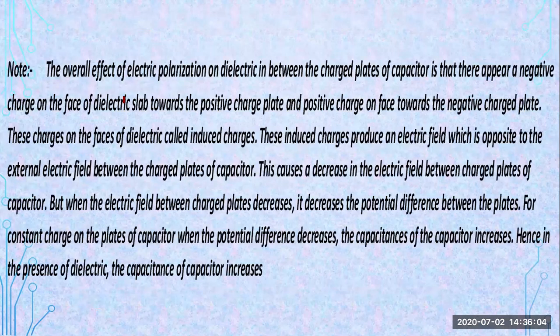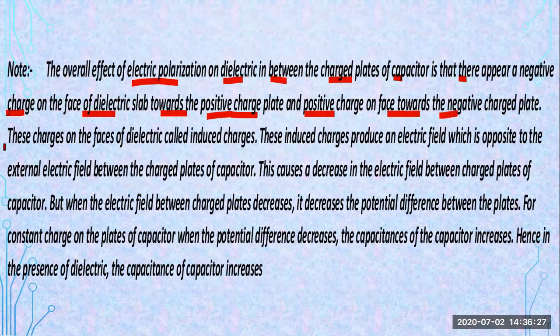Overall, the effect of electric polarization on a dielectric placed between the charged plates of the capacitor is that a negative charge appears on the face of the dielectric towards the positive plate, and a positive charge appears on the face towards the negative plate.